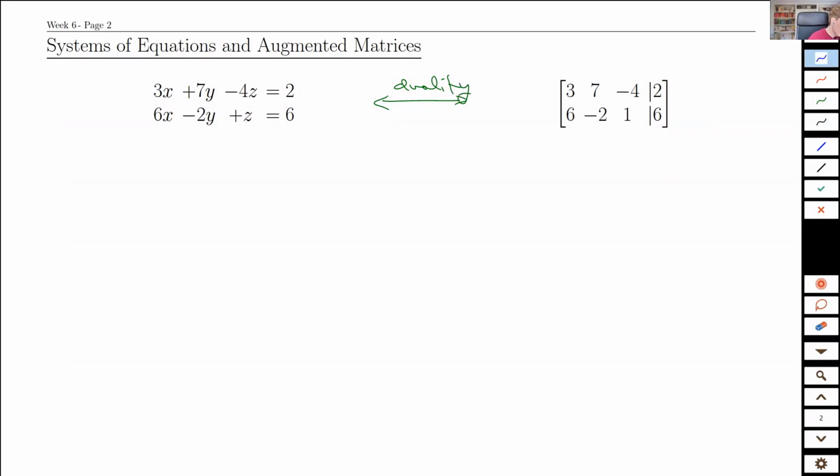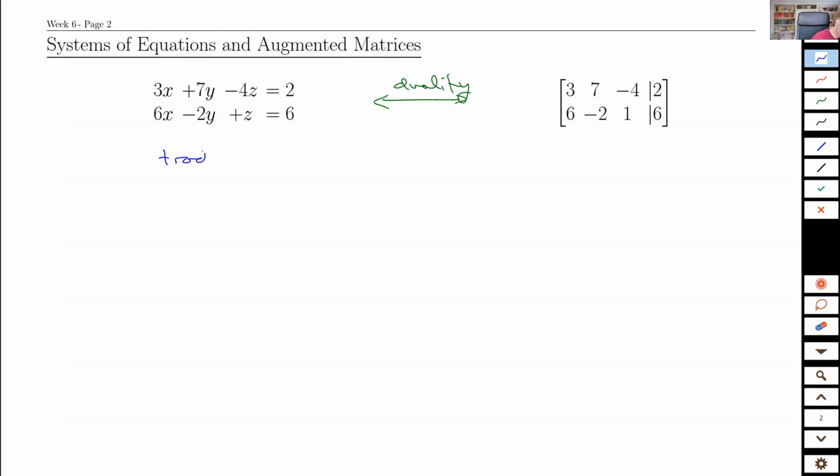So this is sort of the traditional. And this is the augmented matrix that represents exactly the same system, because all we have to do is keep the coefficients and the right-hand side values.